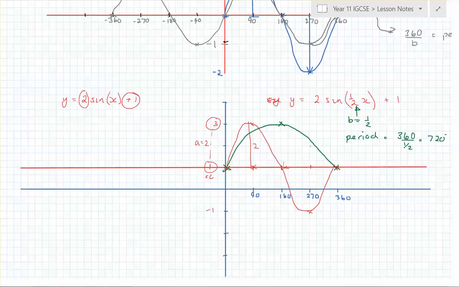The period, whatever the period is, is always 360 divided by B. Just because in an applied situation, the time might be 1.6 hours, do you think that has any impact on 360 divided by? You think changing x to t for time changes the 360 thing? No, it doesn't. That's where people get confused. So the wave, even though it's 1.6 hours, you still apply these exact same rules.